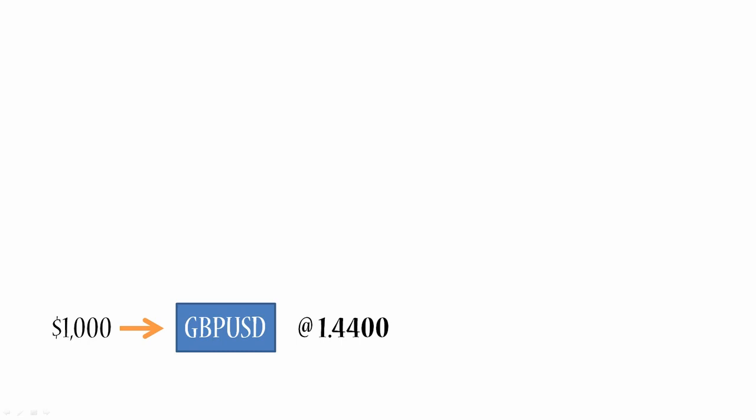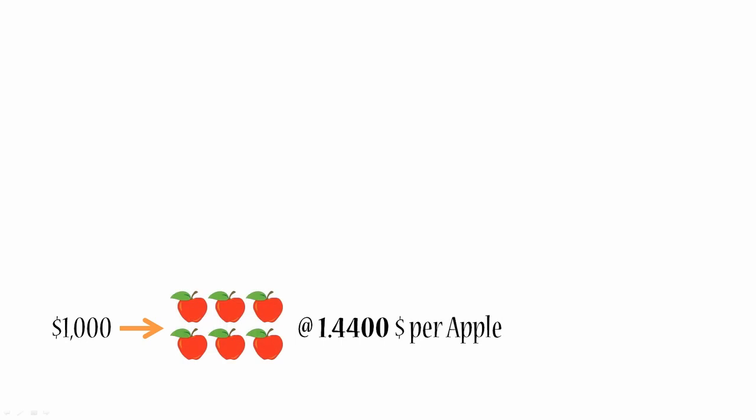We can hold them, count them, measure them, weigh them up, and we can always replace the base currency with apples to simplify things. So now our example says that the trader had $1,000 which he invested into apples at the price of $1.44 per apple. This means that he bought 694 apples.